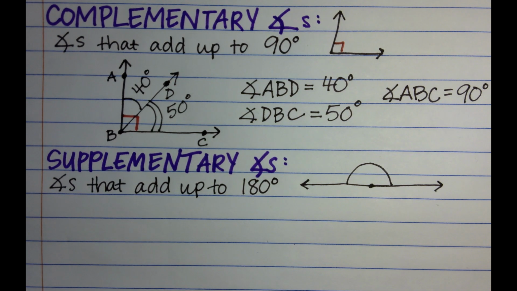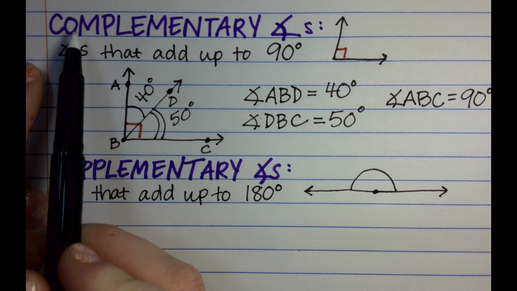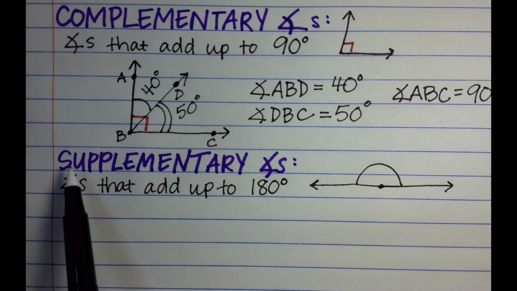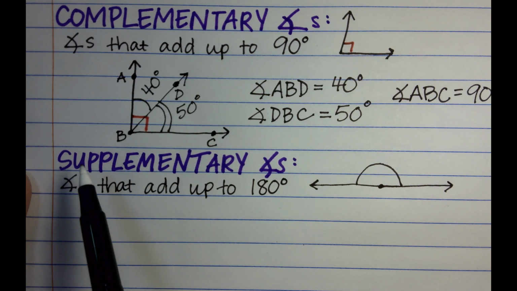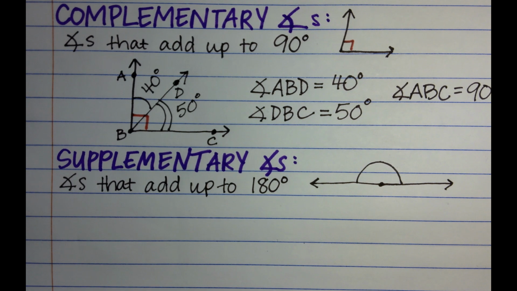Okay, so angles that add up to 180 degrees. And let me double check before I tell you wrong. I wonder, it might have to be two angles. I wonder if it can be more than two.